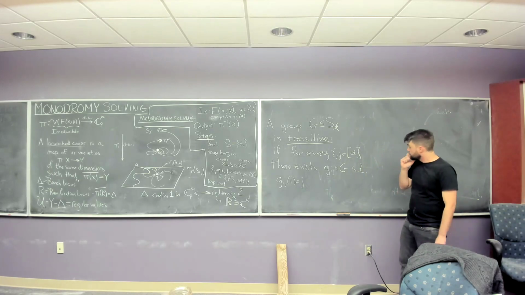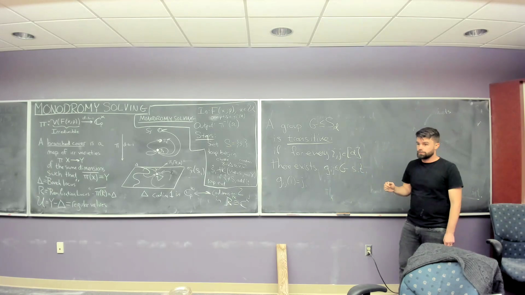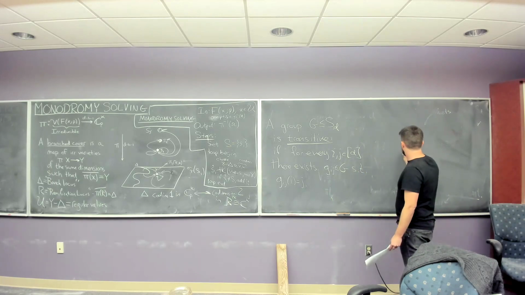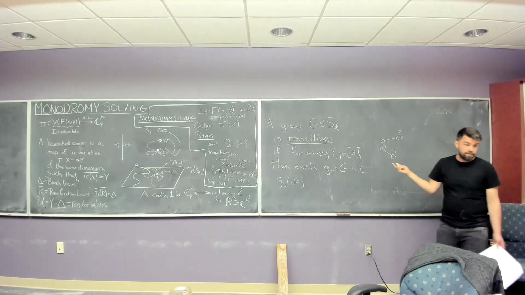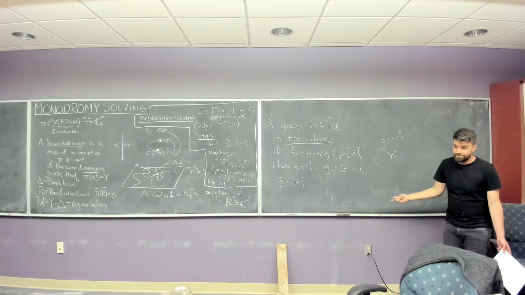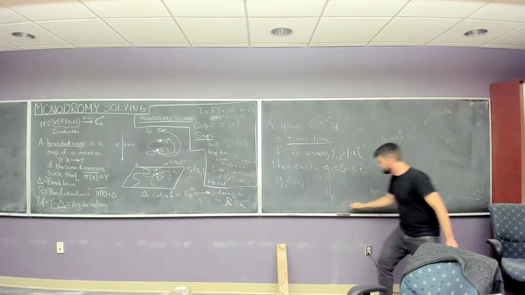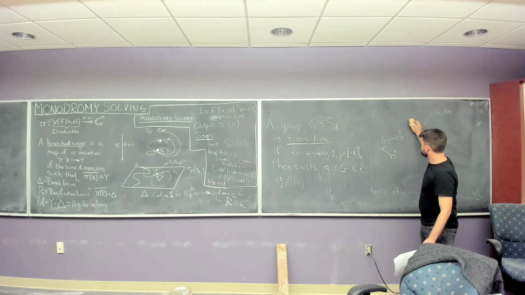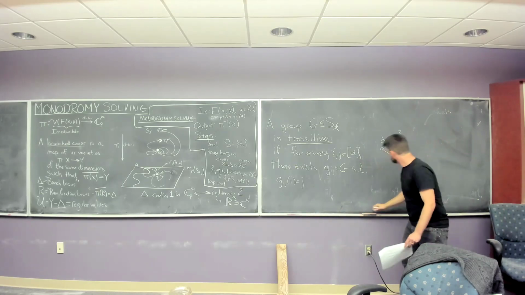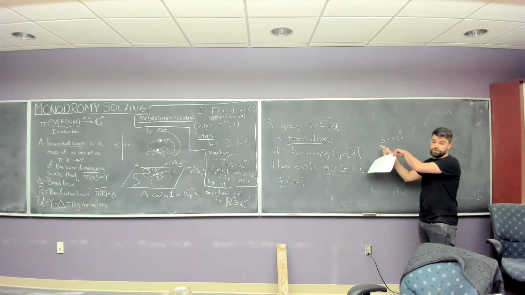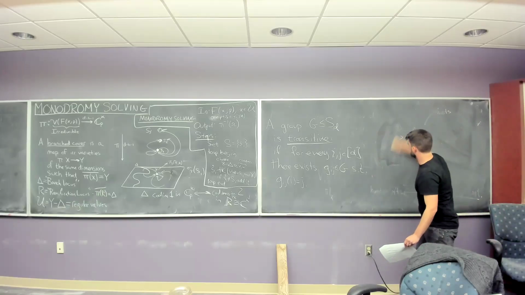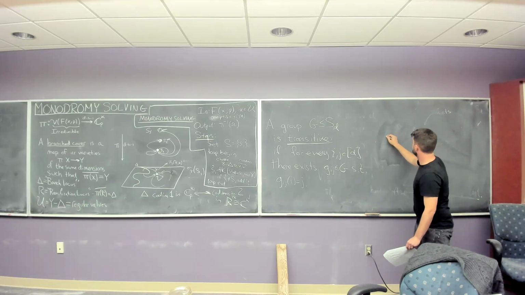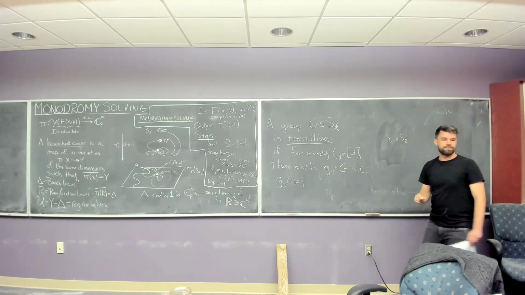Let me give you an example of a non-transitive group. Think of all the ways to permute the vertices of this graph so that the graph stays the same. No, that's transitive. Think about all the ways to continuously move these vertices so that the graph stays the same. Also transitive. Oh boy. Not transitive.